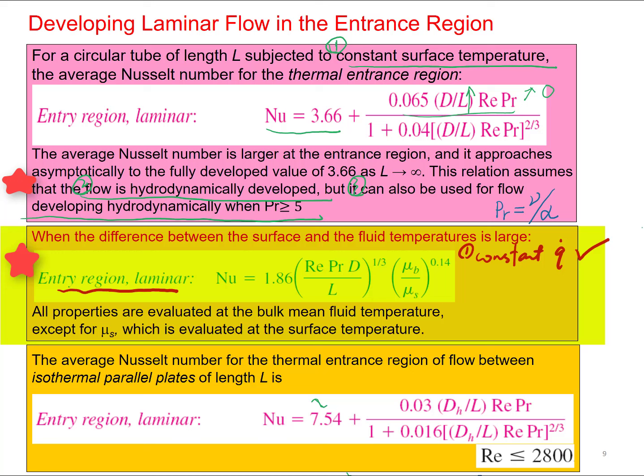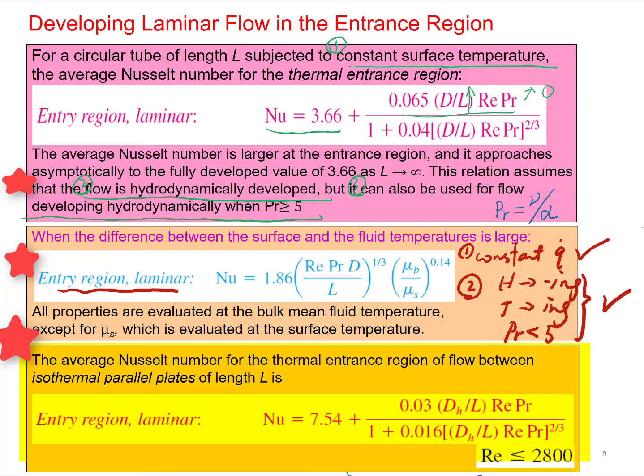Another example, if you have hydrodynamically developing and thermally developing flow, and Prandtl number smaller than 5, then you could not use the first correlation, but you can use this second correlation.